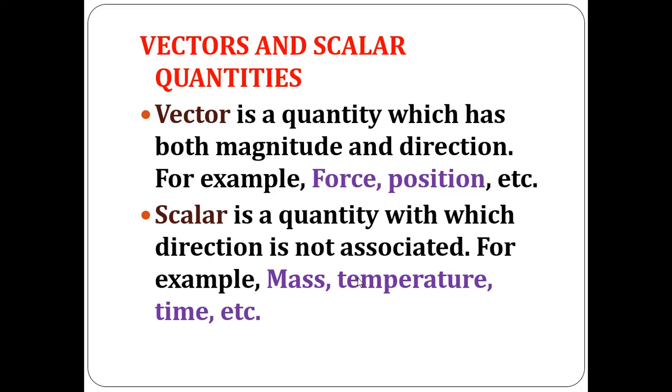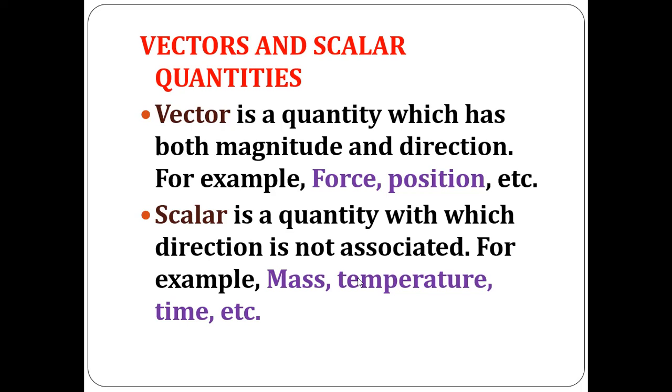There we will consider only the size, we won't consider the direction. Yes, and temperature, also we will consider the degree as hotness or coldness. We will not consider the direction of the particular object. Yes, so mass, temperature, time are examples for the scalar quantity.